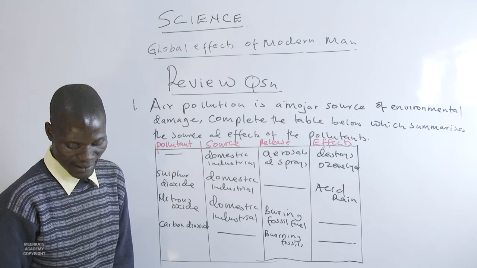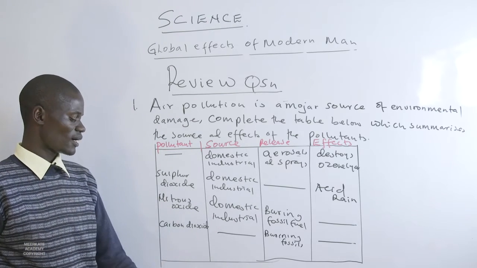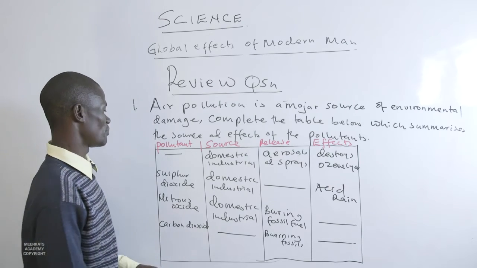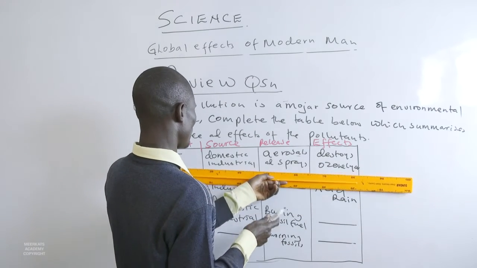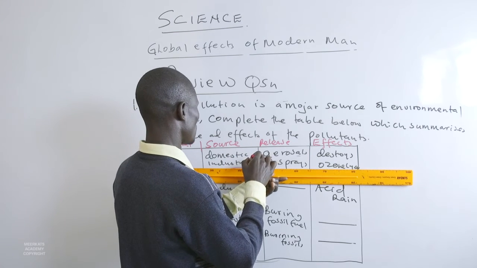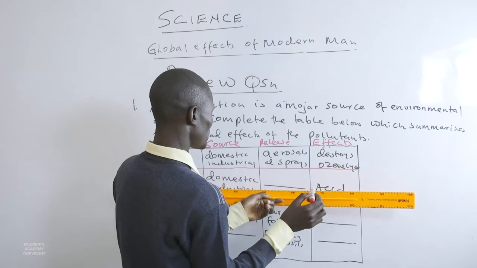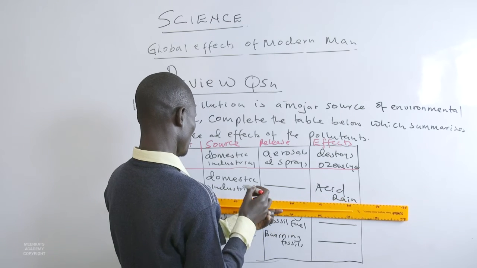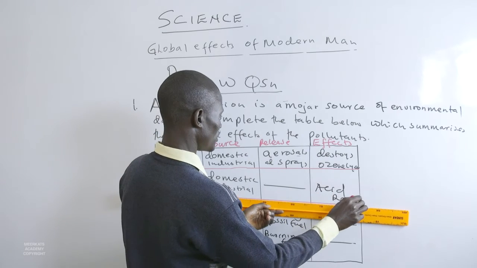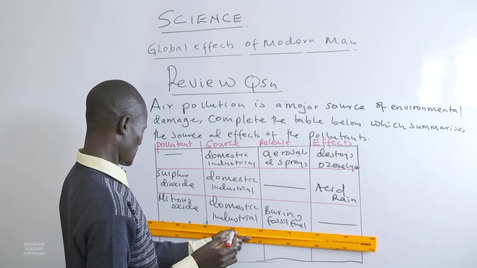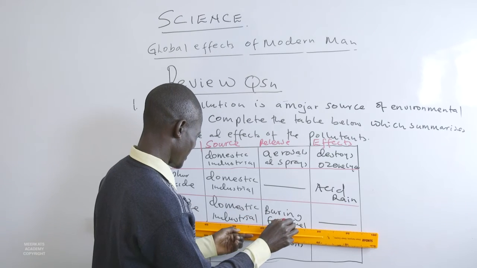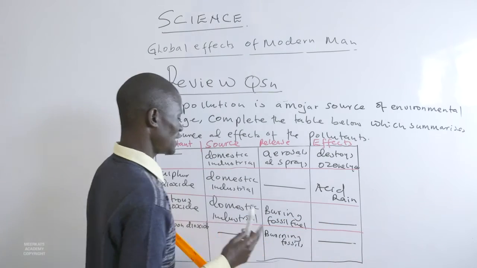This is the table that summarizes most of the pollutants that we have in the environment, looking at their source, looking at their effect on the environment.